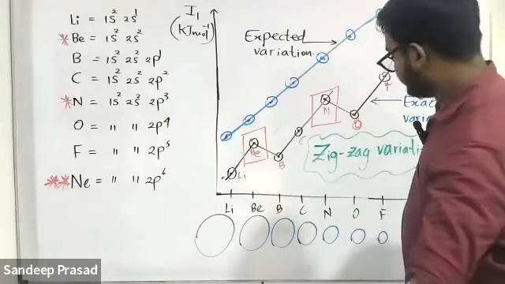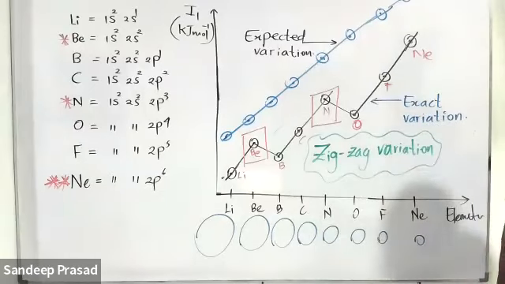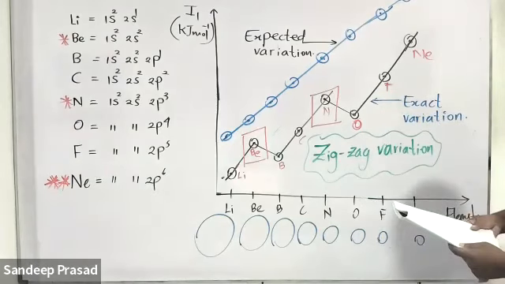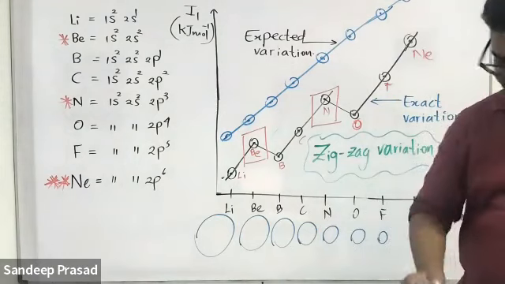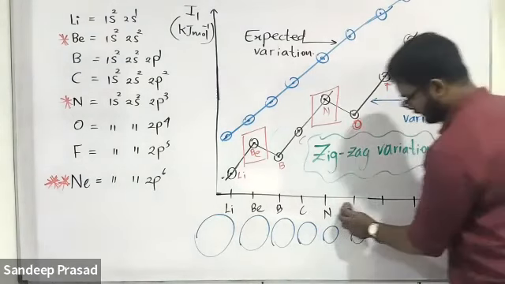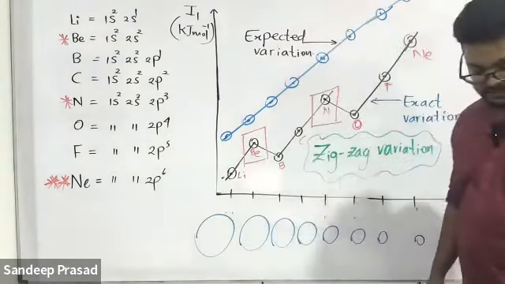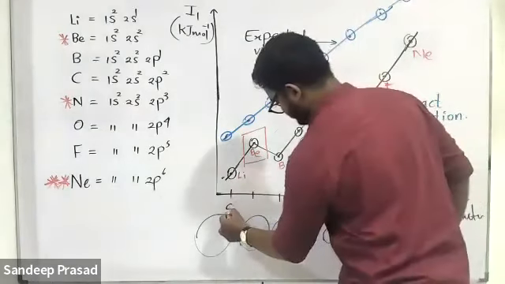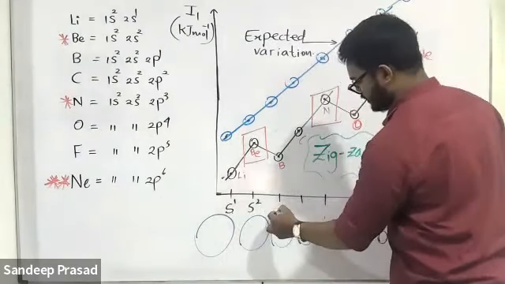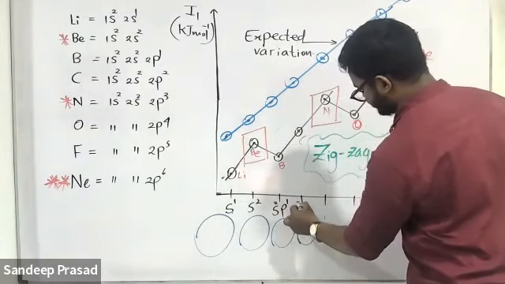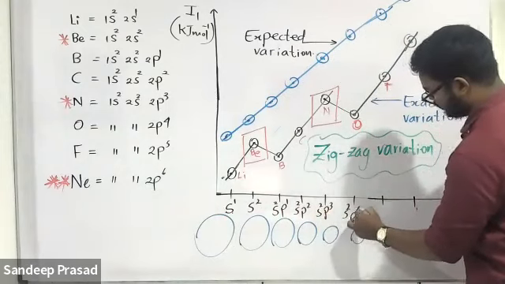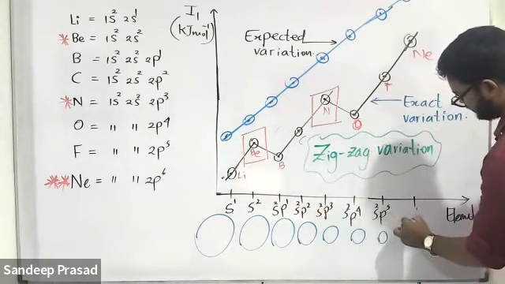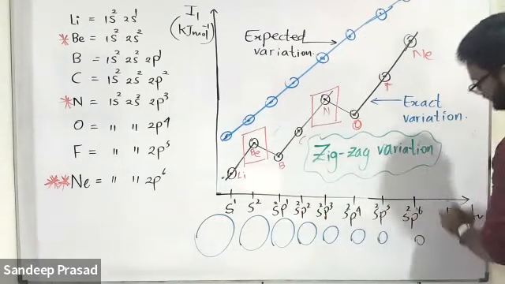Done. Okay. Now, what you have to do here is, you have to draw this graph in the given space in the page number 43, right? So you have to write down this one as S1, S2, S2P1, S2P2, S2P3, S2P4, S2P5, and S2P6.